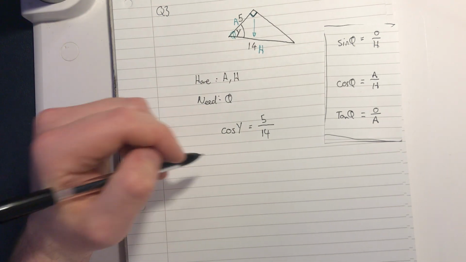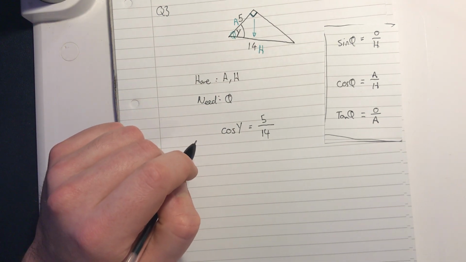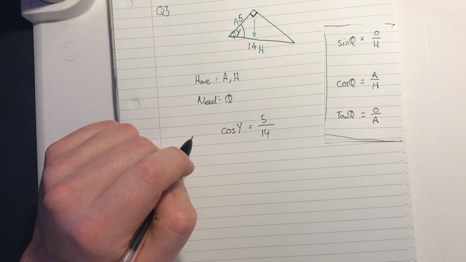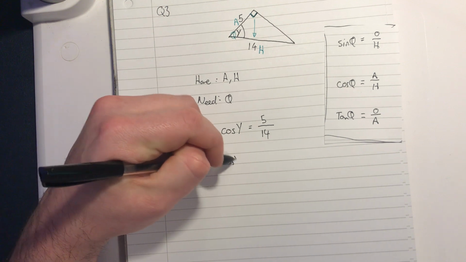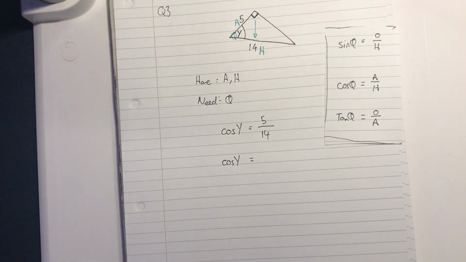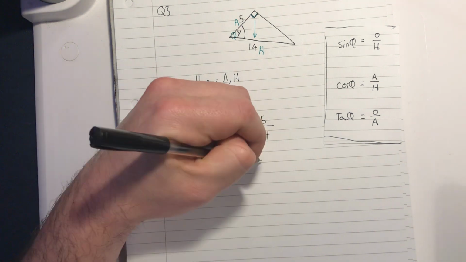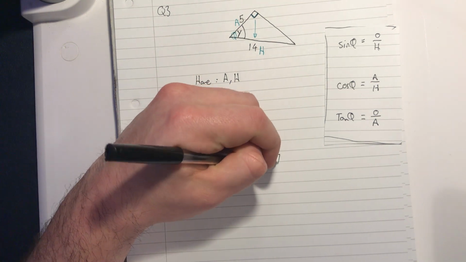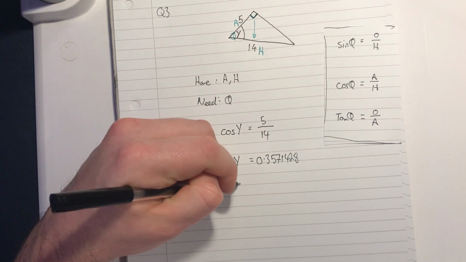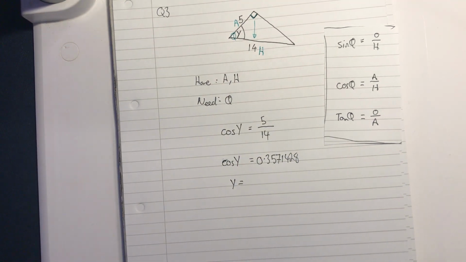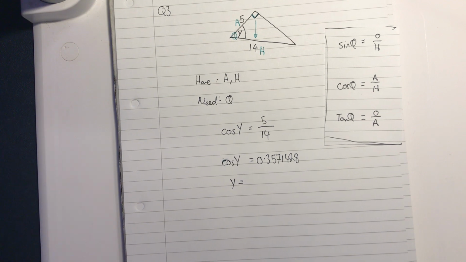So cosine of y is equal to 5 over 14, which is equal to 0.357148. So y by itself must equal cos inverse.